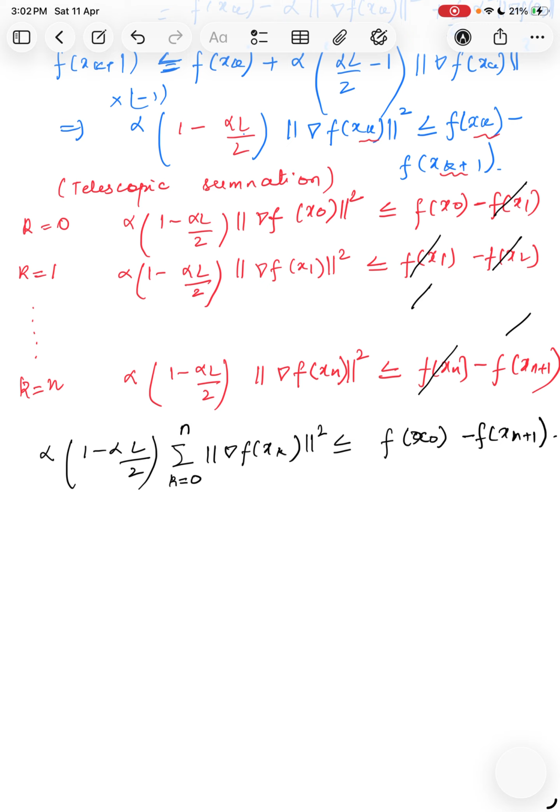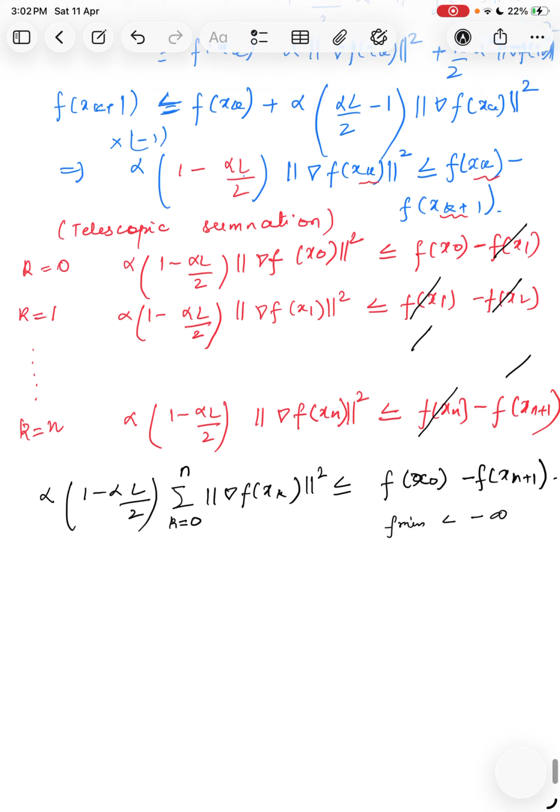Now you have to use something which has been given in the theorem itself, which is that the theorem states that your f minimum is greater than minus infinity, right?